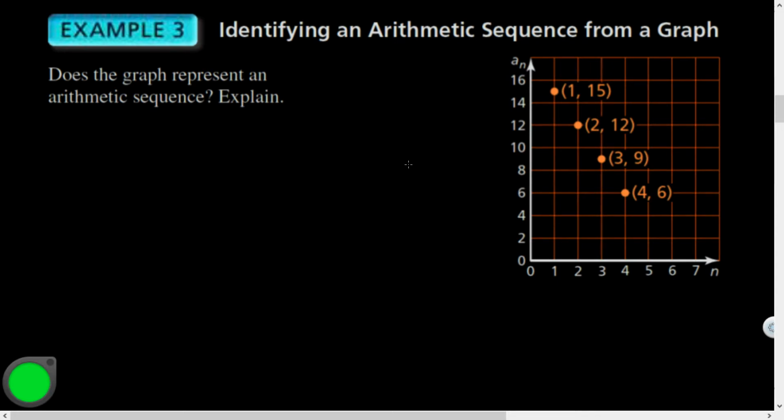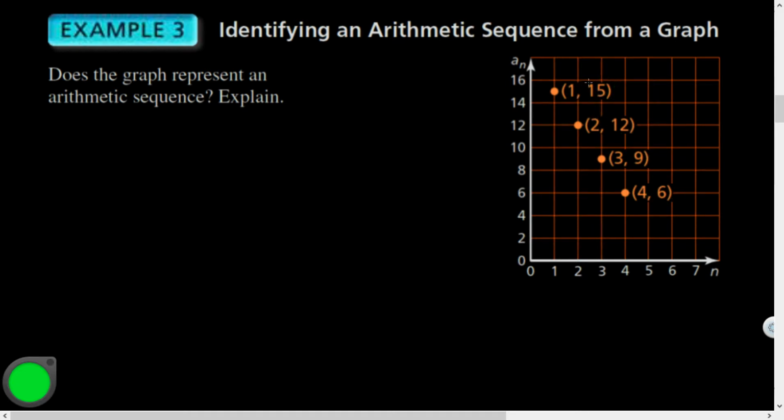Example 3. Identifying an arithmetic sequence from a graph. All right. Is this arithmetic? Now, if it's arithmetic, there needs to be a common difference in play. Do you think it's changing by the same amount each time? What are these y values changing by?